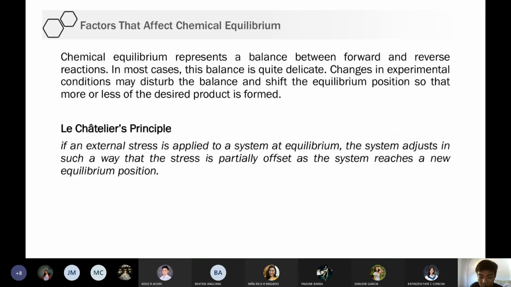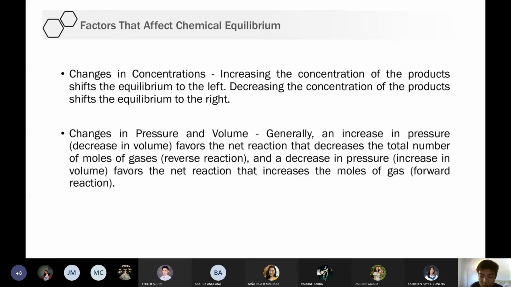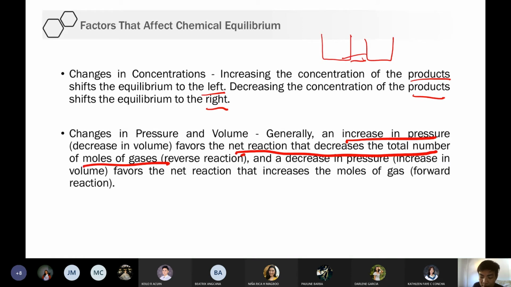Those are the four changes that Le Chatelier described in his principle. Changes in concentration: increasing products will shift the equilibrium to the left, decreasing products will shift the equilibrium to the right. Use the water bucket analogy for concentration changes. For pressure, increased pressure will favor the side of the reaction with fewer moles of gas, and decreased pressure will favor the side with more moles of gas.